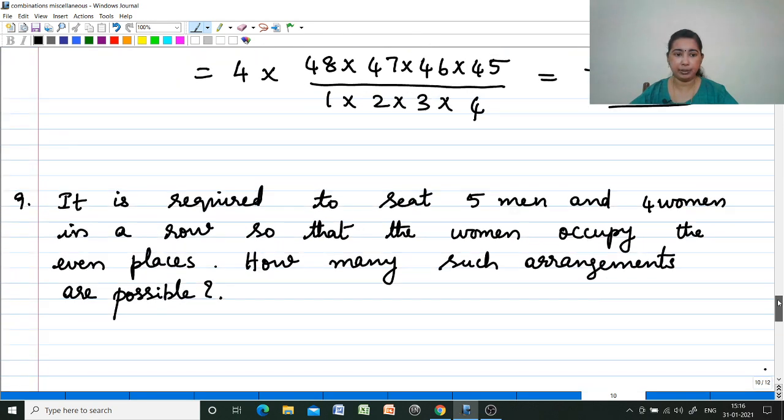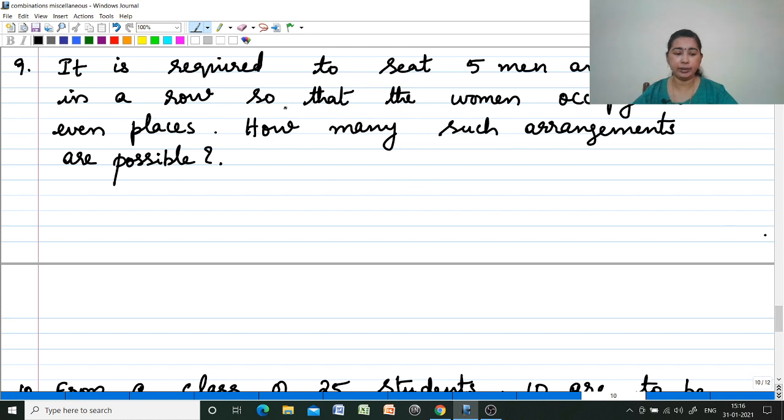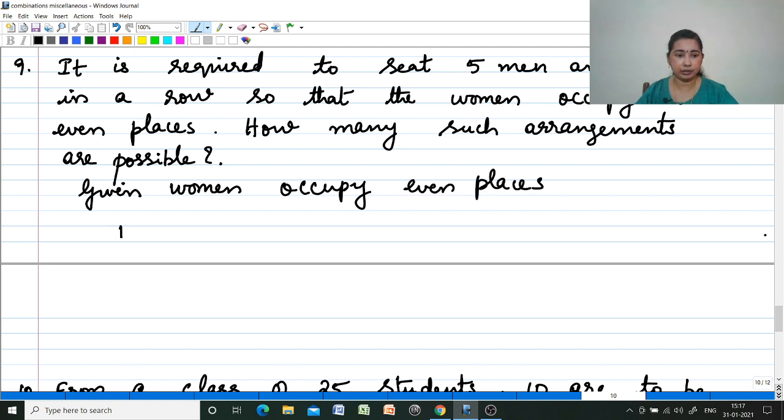Now question number 9. It is required to seat 5 men and 4 women in a row so that the women occupy even spaces. How many such arrangements are possible? Given that women occupy even places, if women are kept here, that is W1, W2, W3, W4, 4 women are there.